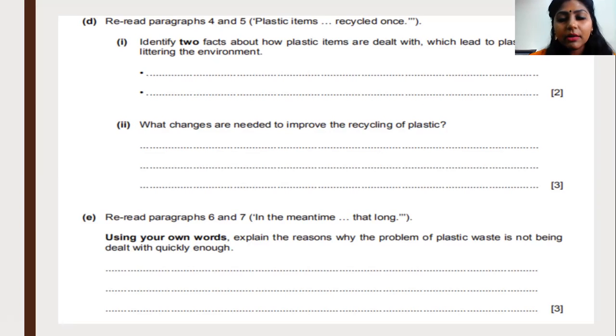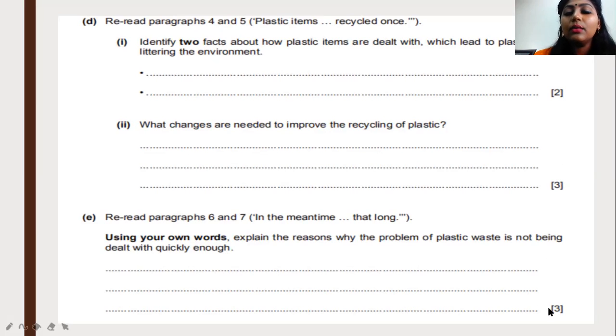So it is very crucial for students to read paragraph 6 and 7 and then choose the reasons why the problem of plastic waste is not being dealt with quickly enough. Once the students have extracted the 3 points. Why do I mention 3 points? Because of 3 marks. That means 3 changes needed.